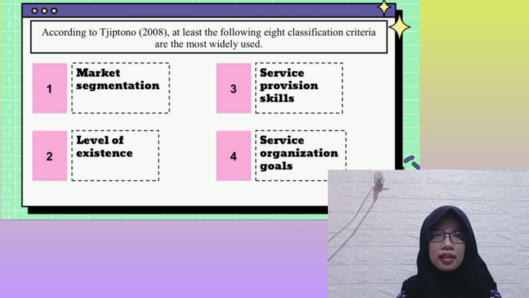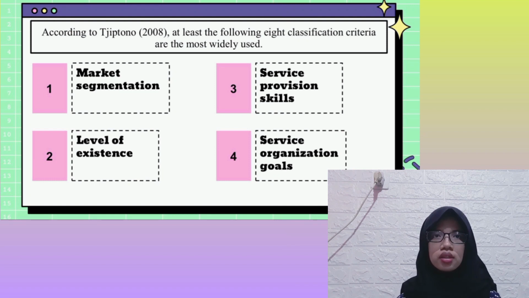Level of existence. This classification relates to the level of involvement of the physical product with the consumers. Based on this criterion, service can be divided into 3 types, namely rented goods service, owned goods service, and non-goods service.